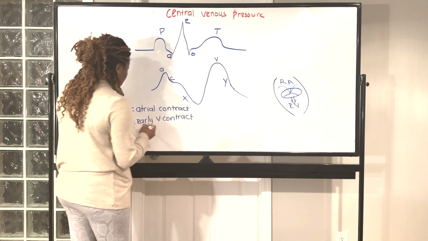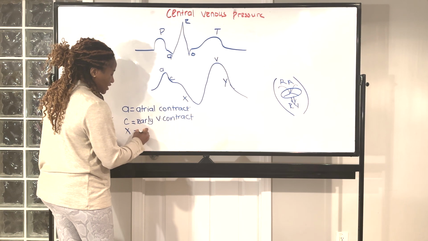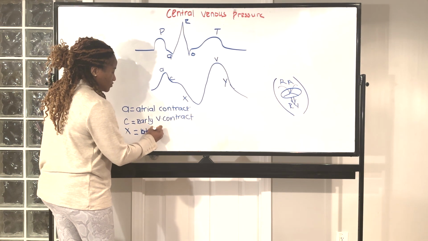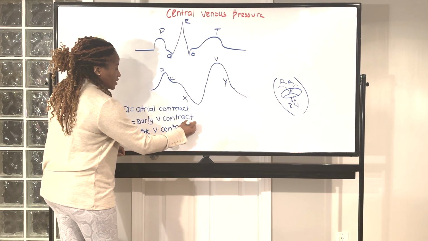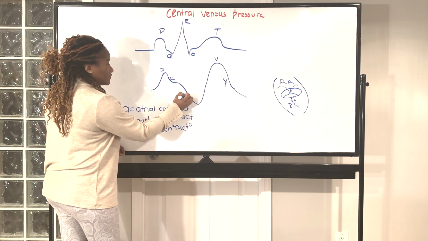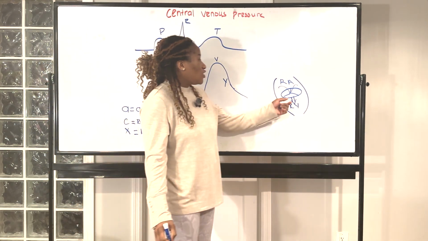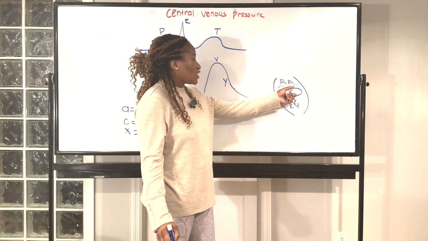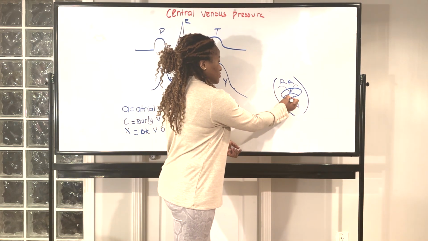Now the X here is the second or the late ventricle contraction phase. And why do we have this descent even steeper? Because underneath the tricuspid valve, we have some papillary muscle here.